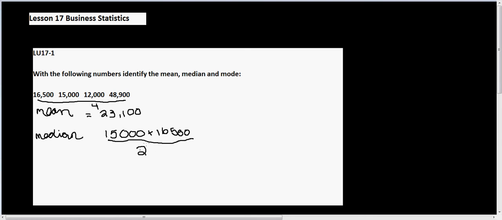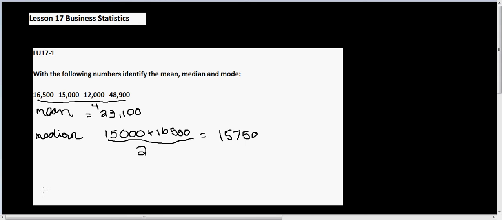We are going to get the midpoint between 15,000 and 16,500. And by that, we see the midpoint is 15,750. You can check that over just by looking. So 750 higher, 750 lower, and yes, the median is 15,750, the midpoint.